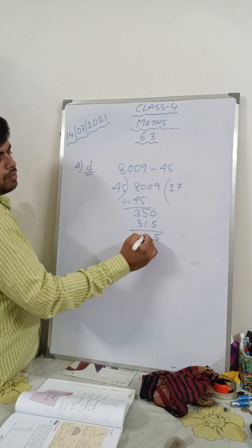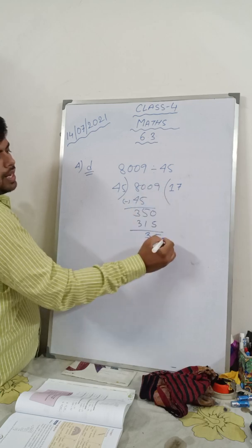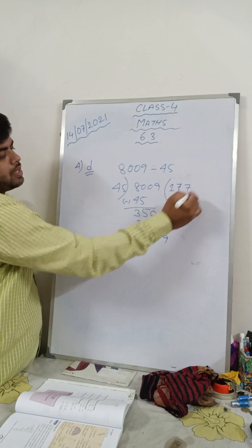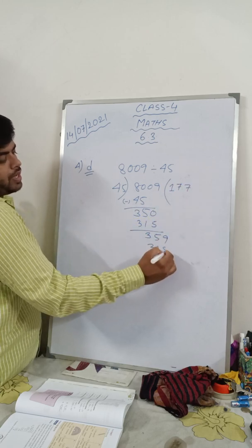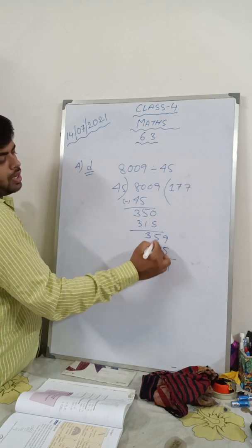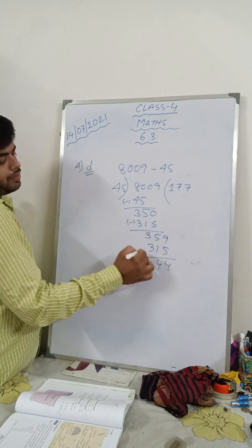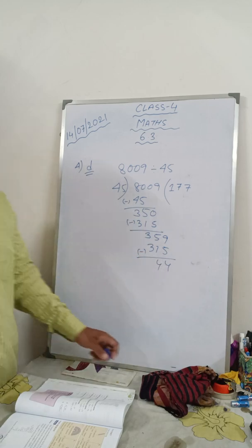So again 9 comes down. 45 sevens are 315. Now you get 4 here, the remainder is 44.